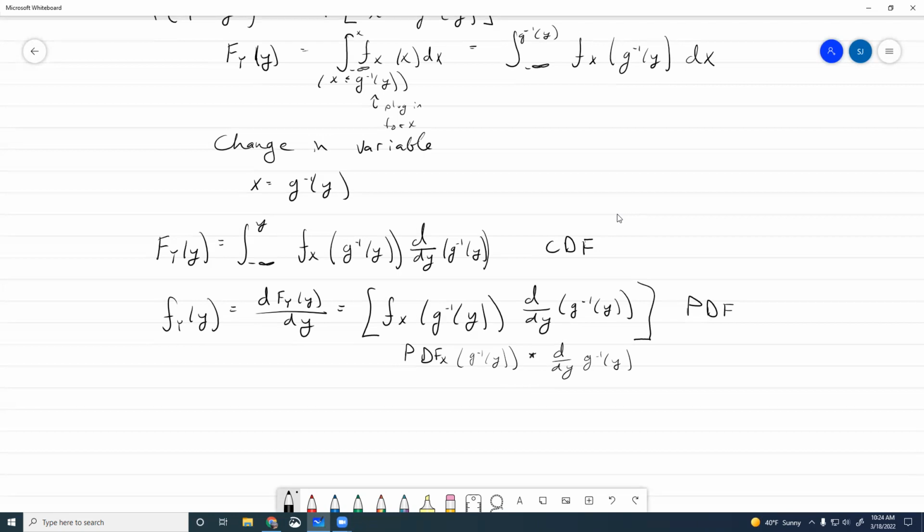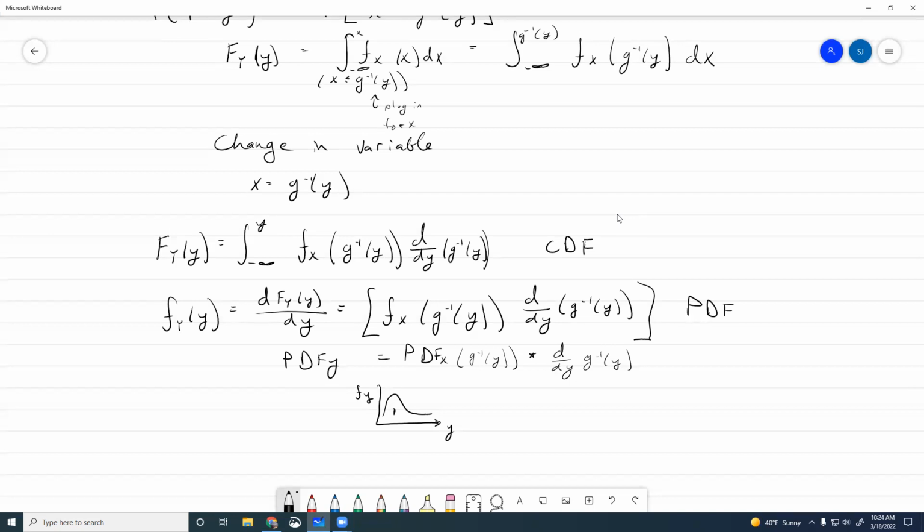So this says PDF of y is equal to this. If you do the math correctly, then you end up with a PDF that will have an area of 1 underneath it when you integrate it. So that's the fancy trick.